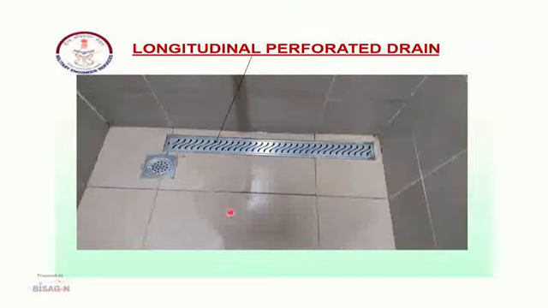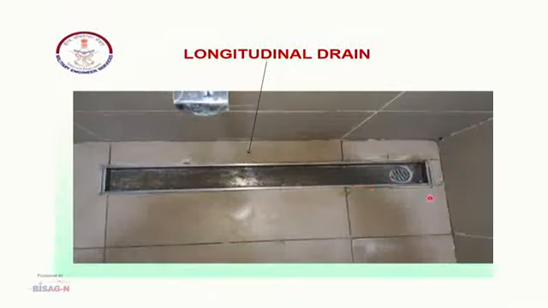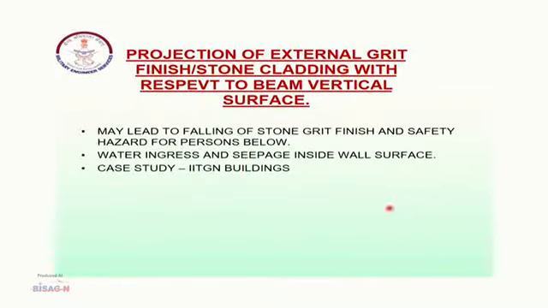So, new provisions have come. We have tried at IIT Gandhinagar that longitudinal drains have been constructed and connected with the chambers, and we have given slope in one direction to catch the water. This is another provision.